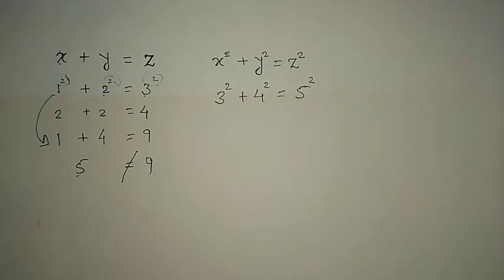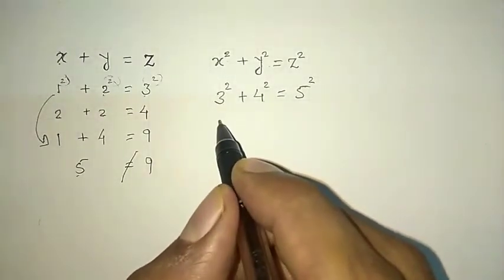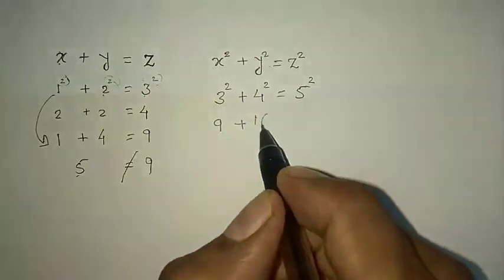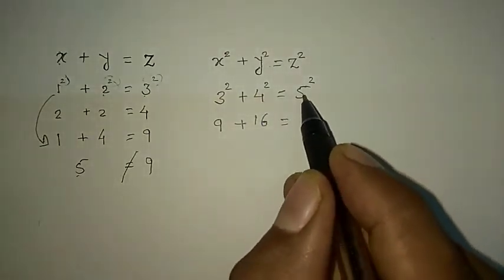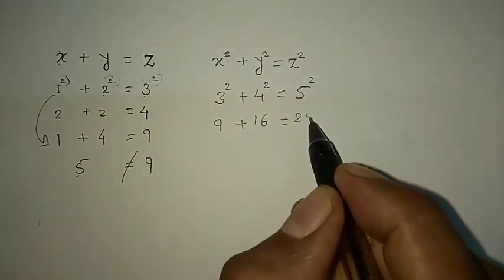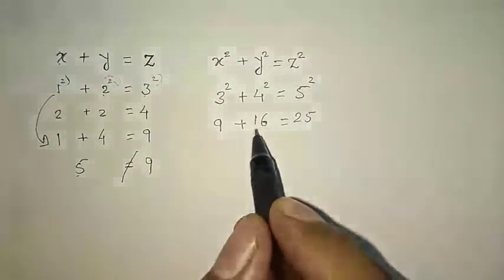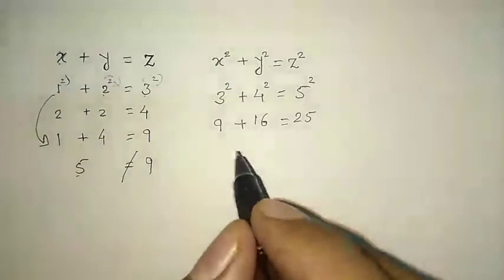Now check whether the left side and right side come equal or not. 3 square is 9 plus 4 square is 16 equal to 5 square is 25. Now 16 plus 9 is how much?